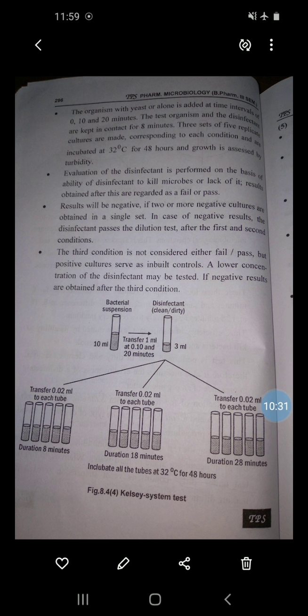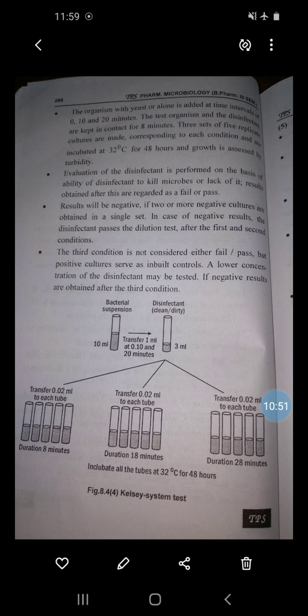The results obtained are regarded as a fail or pass. Results will be negative if two or more negative cultures are obtained in a single set.